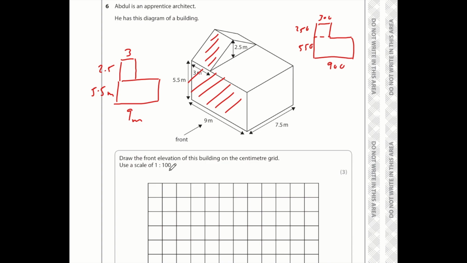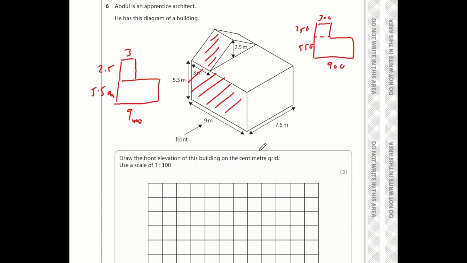Now the scale is 1 to 100, so that means 1 centimetre on the scale represents 100 in real life, so the drawing is 100 times smaller. So I want to divide these by 100, and if I divide them all by 100, guess what? It turns back into 3, 2.5, 5.5 and 9, except this will now be centimetres.